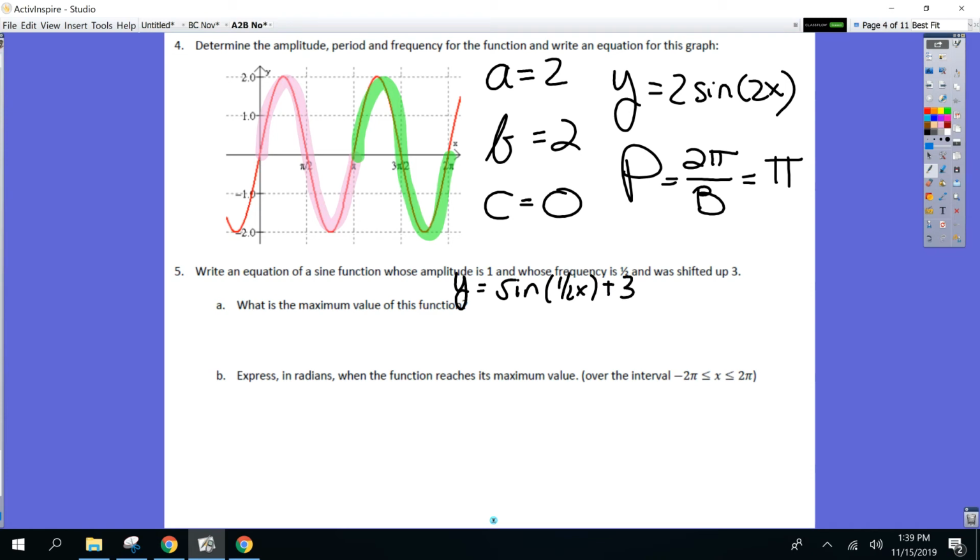Nice job. And then this is a quiz question. What's the maximum value here? Think about what it was before I shifted it up 3, then add 3 to it. What's the max here?